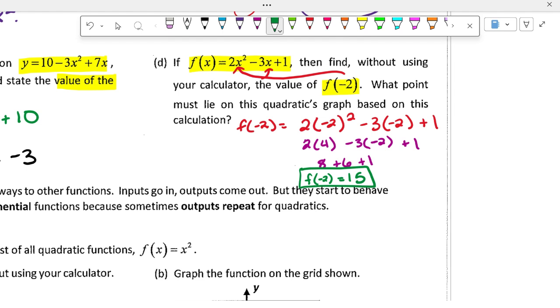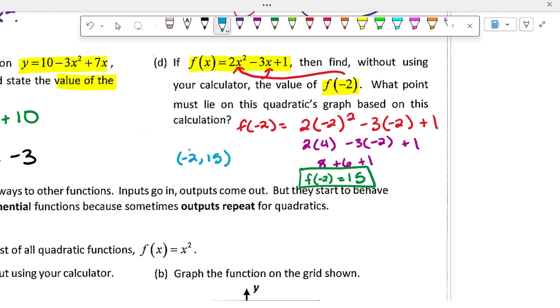So let me ask you a question. If I was to graph that and then found where x was equal to -2, what would be its corresponding y value at that point? Or what point would it hit? We already found it. 15. So as a point on a graph, it would be -2, 15.